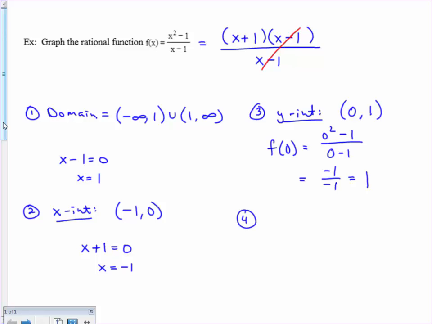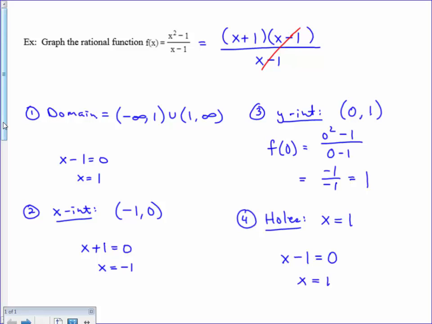Step 4 would be to find the holes. Well, holes occur at values in the factorization that cancel. We know that our x minus 1 factor canceled, and so there would be a hole at wherever x minus 1 equals 0. Well, that value would be at x is 1. So I know that in my graph I would need to leave a hole wherever x equaled 1.